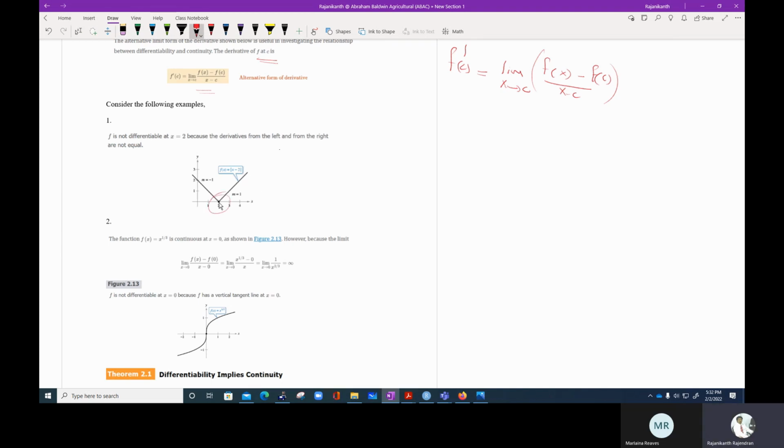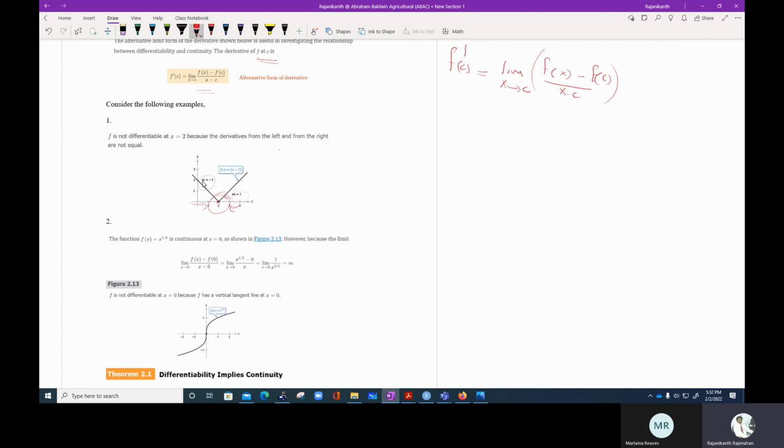If you look at point 2, if you try to find the slope, or the limiting value of the secant line, the slope is +1 from the right, from this side. But the slope from the left side is -1. You see two different slopes.